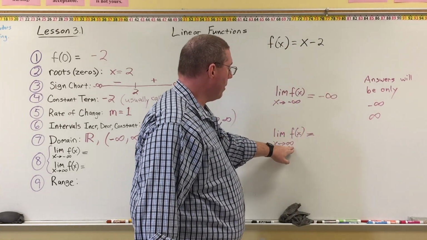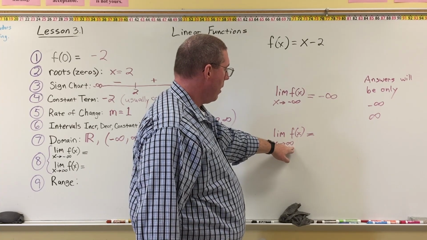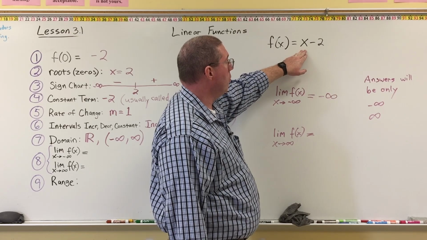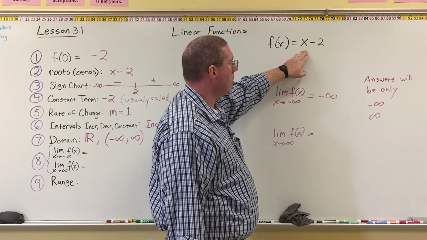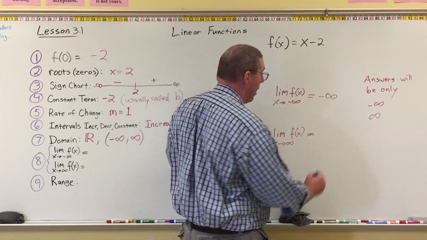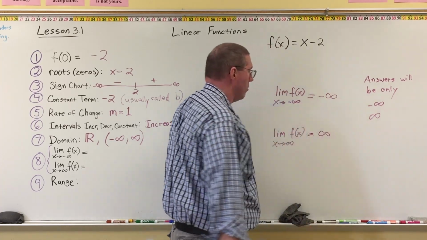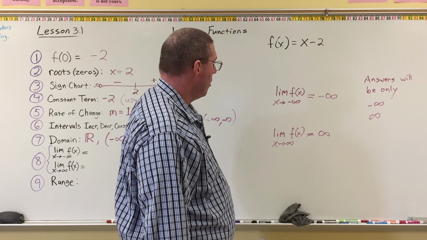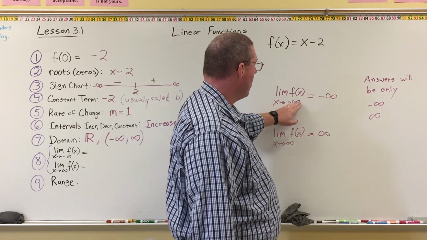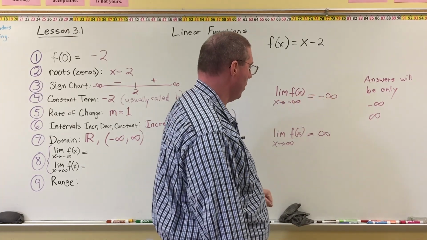If you put in a big positive number and you get a positive number, so if I put 1 million in, 1 million minus 2 is 999,998. But that's still a positive number, and so the answer is positive infinity. So as the inputs become more negative, the outputs also become more negative.